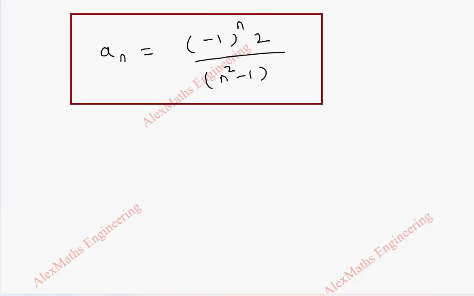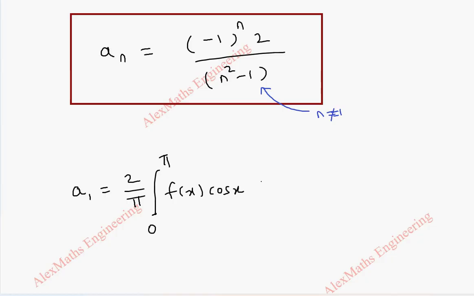So we got an. Since we have denominator n square minus 1, when n is equal to 1, this value will become undefined. So for this purpose I have to find a1 separately. So a1 by formula is 2 by pi integral 0 to pi f of x into cos nx, but now it is cos x alone dx. Since this value does not exist when n is 1, we are going to find a1 separately.